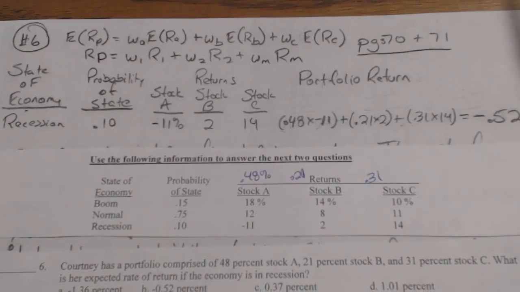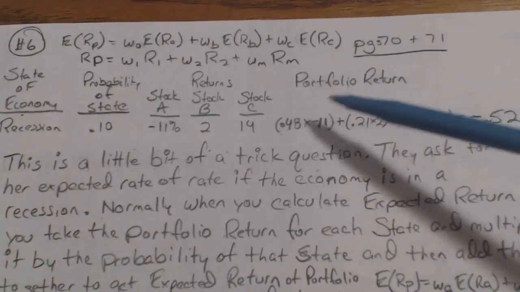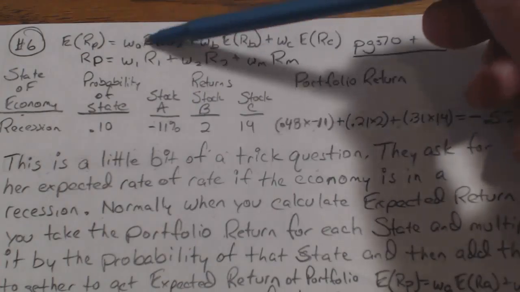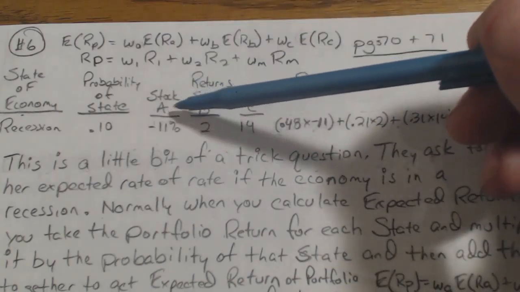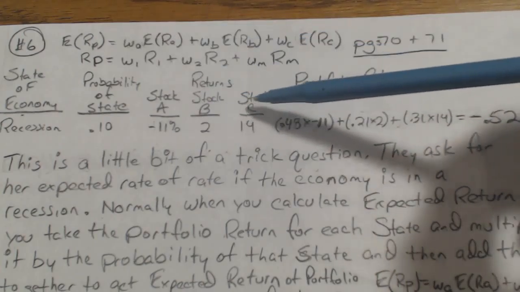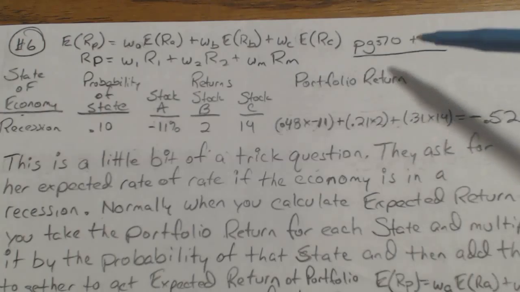So you just go through and figure it out using the same formula, but it's basically the expected return of the portfolio is the weighted average times the expected return of A and B. So the weight times A times the weight times B, kind of what we did in the other thing to get the portfolio return.